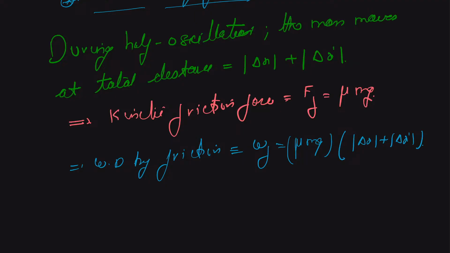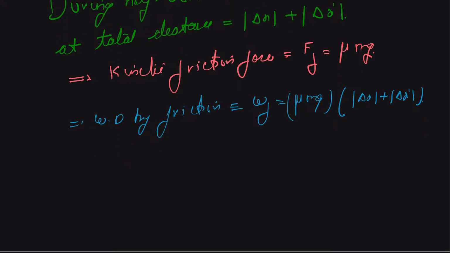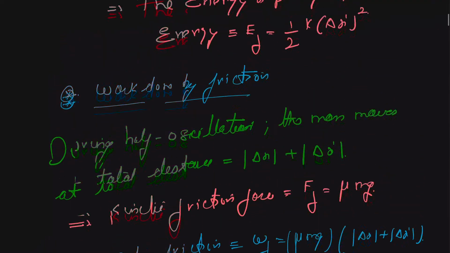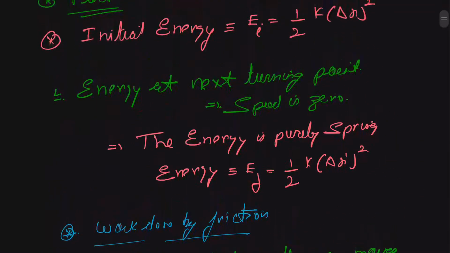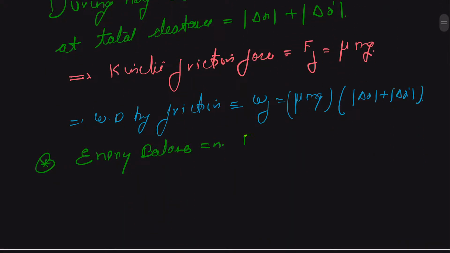Now we can use the energy balance equation. We can write that energy initial is equal to energy final plus work done because of the friction.